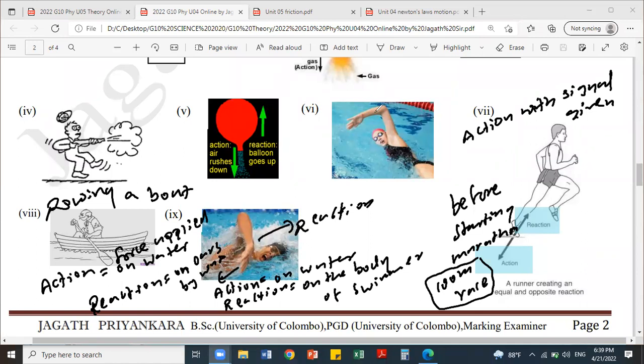So in the exam, they will not ask calculation here. Under which part do you get calculation in the exam? Under Newton's second law. What is Newton's second law? Acceleration is directly proportional to the unbalanced external force, and acceleration is inversely proportional to the mass.